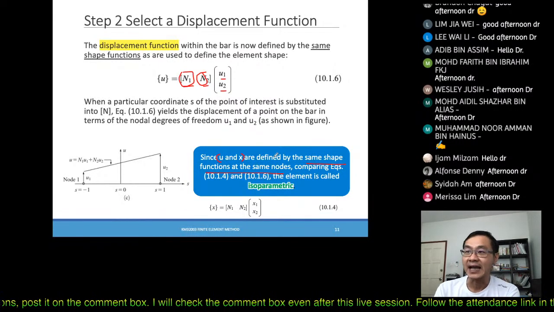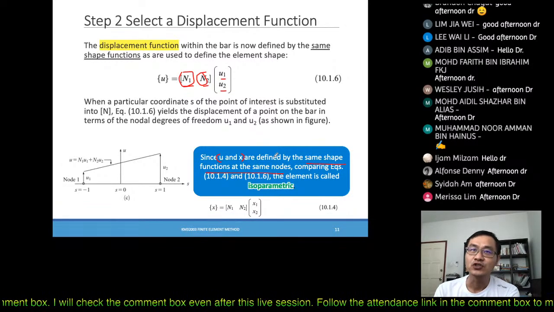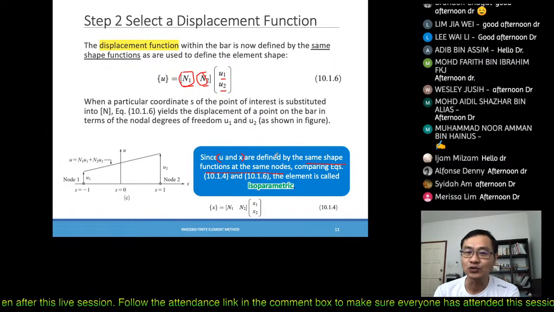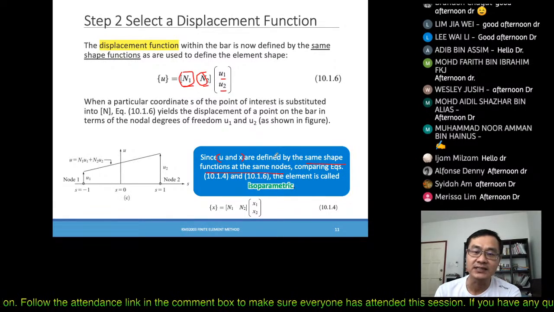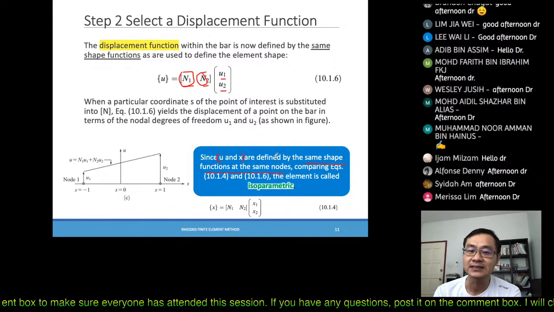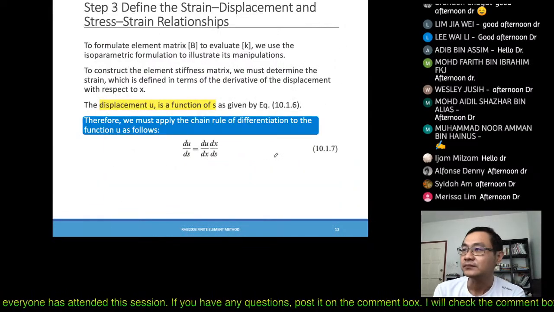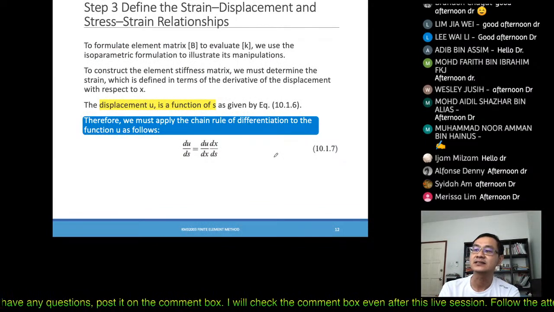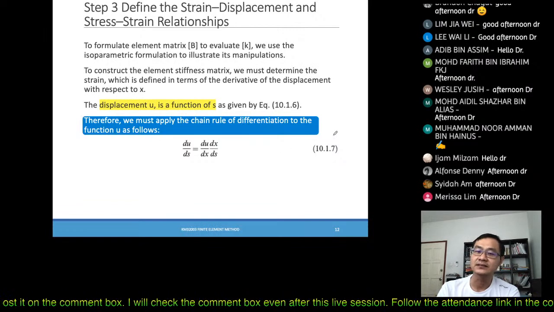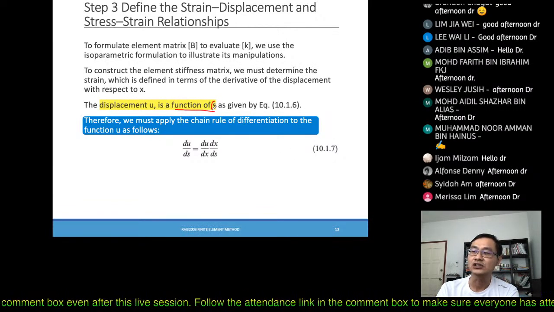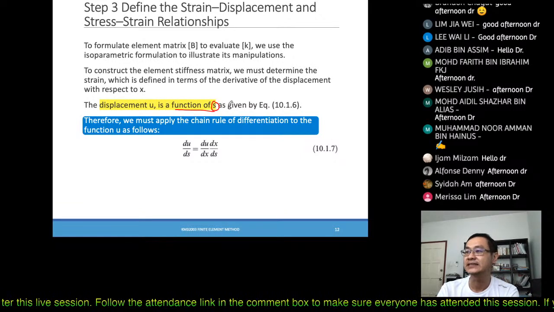So the idea here is to use a natural coordinate system to replace the global coordinate system for each of the nodes to determine the displacement, right? Because of that, the displacement function is expressed as a function of the natural coordinate system.